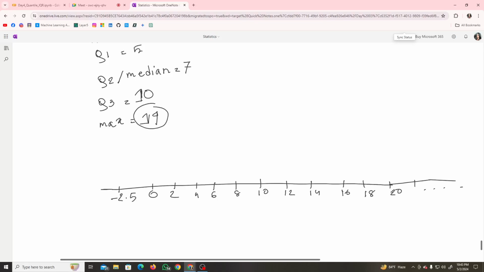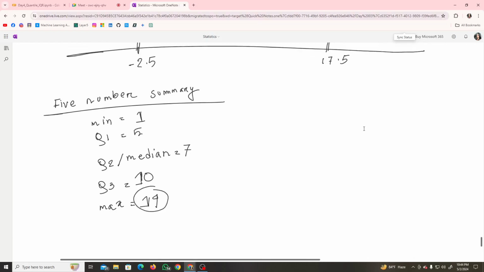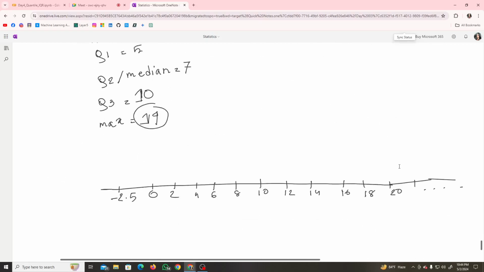So your lower fence was minus 2.5 and your upper fence was 17.5.